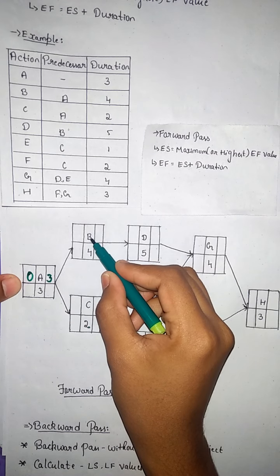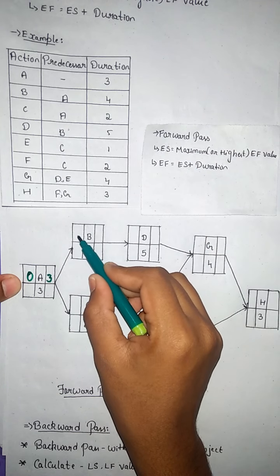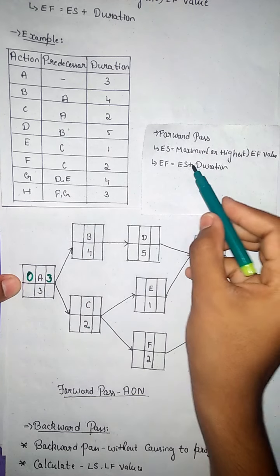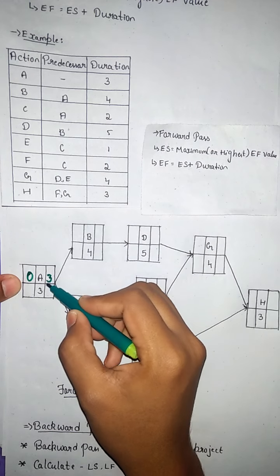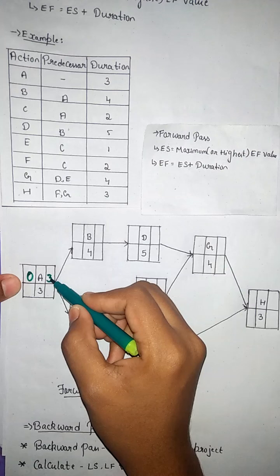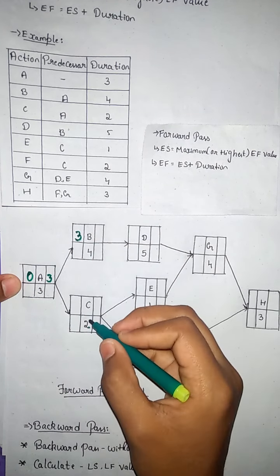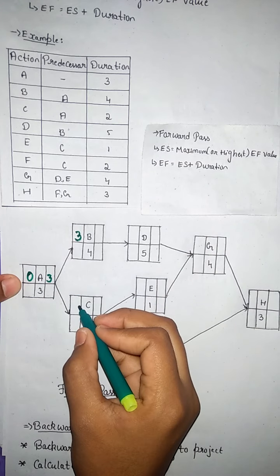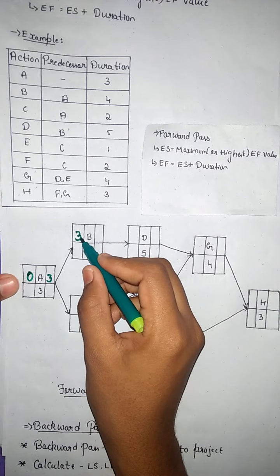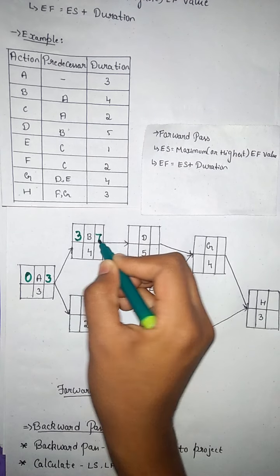For moving to B, we need to consider the maximum. To get the early start, we consider the maximum or the highest early finish value of the predecessors. Here it is only 3, so we consider 3 as the early start. Now 3 plus 4 will be 7.